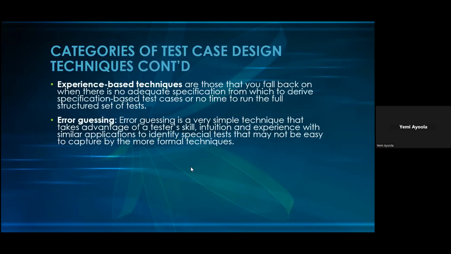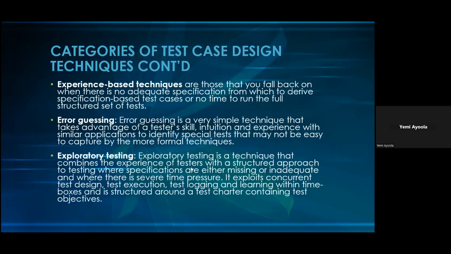But this experience-based technique has two types, which are error guessing and exploratory testing. By their names, you will understand what is happening within the technique we are using. Error guessing: you are just trying to guess, like a guessing format.